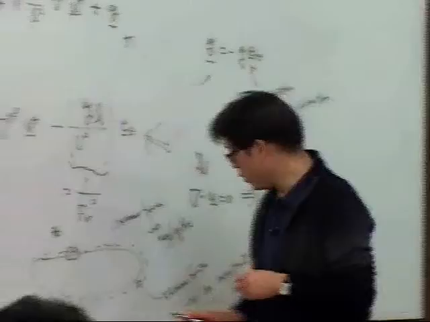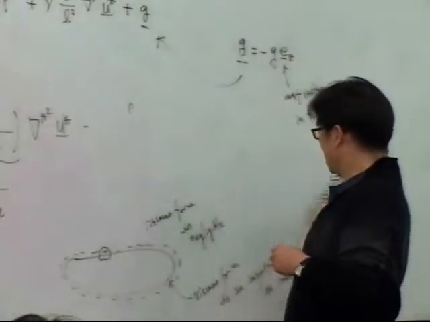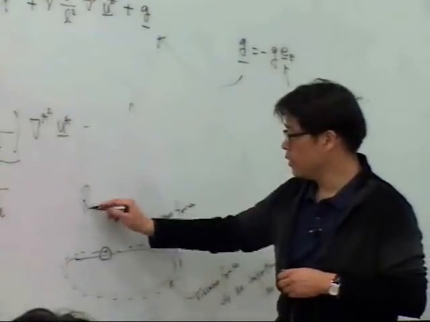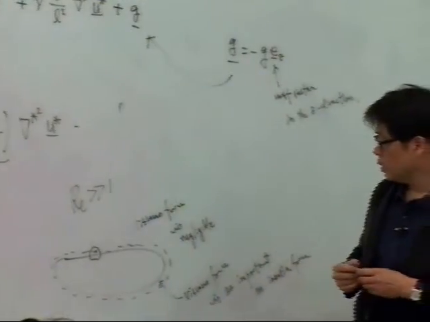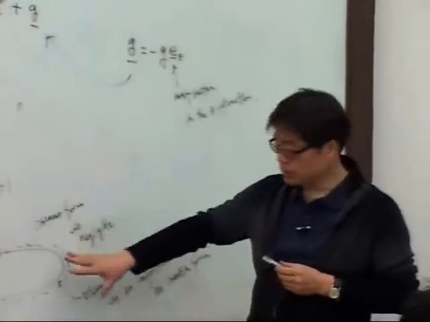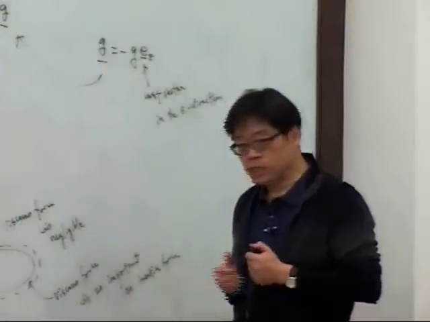This is a picture when the Reynolds number is large. So this is a Reynolds number much larger than 1. Outside of this thin region, which we call the boundary layer, viscous force is negligible.